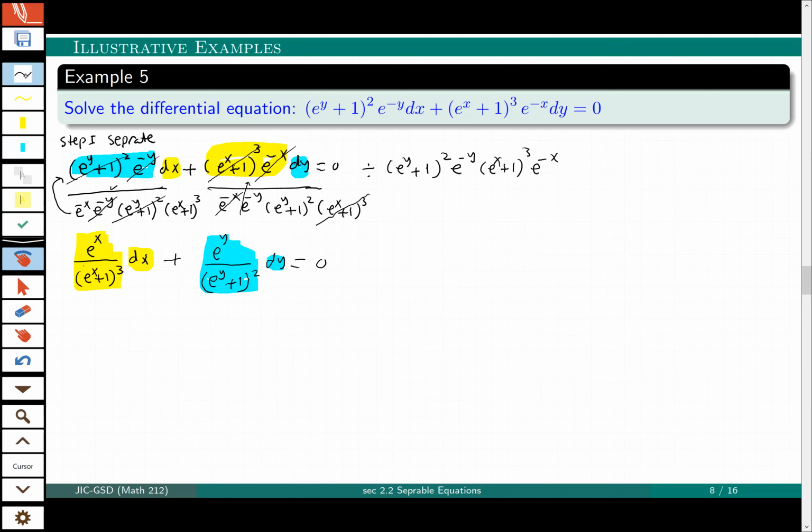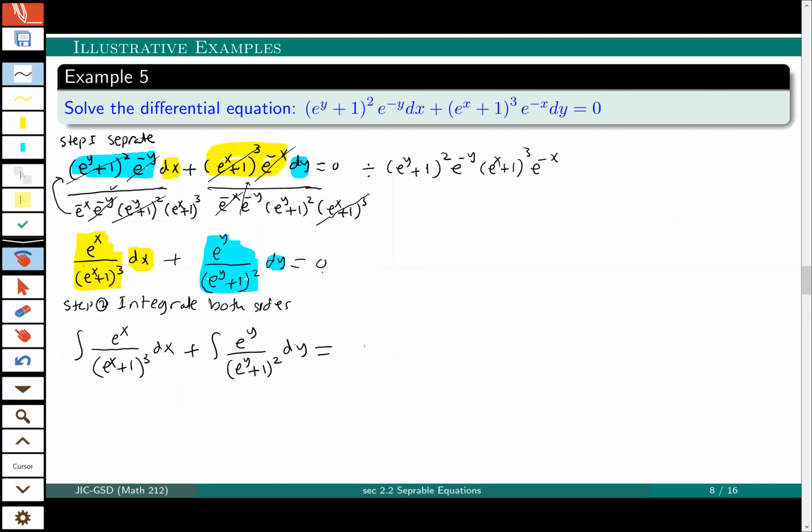Now, our next step is integrate. When we integrate e to the power x dx over e to the power x plus 1 cubed, and e to the power y dy over e to the power y plus 1 squared, equal to integration of 0, which type of integration do we have?